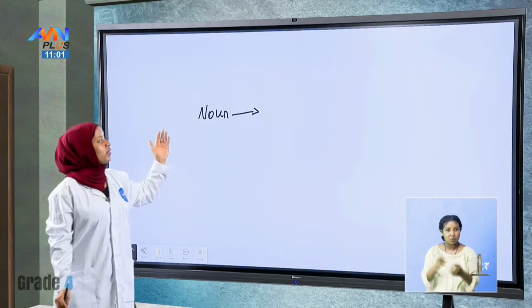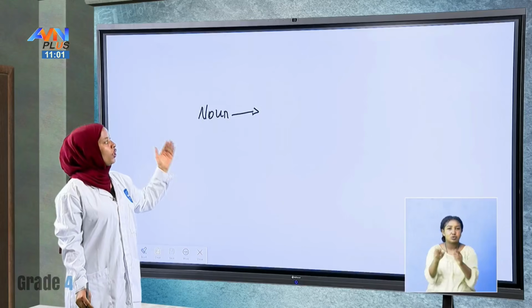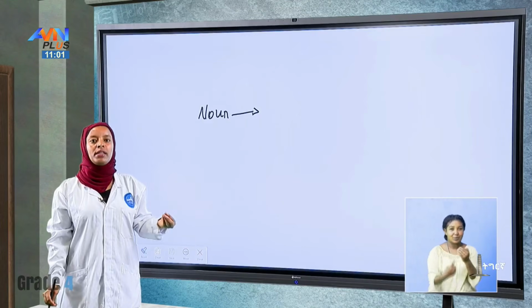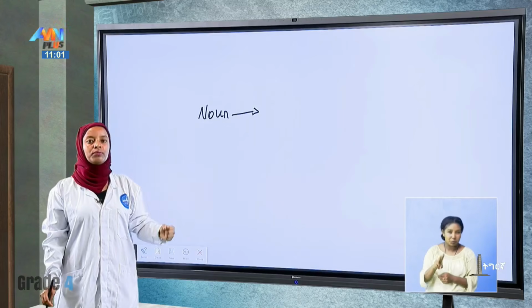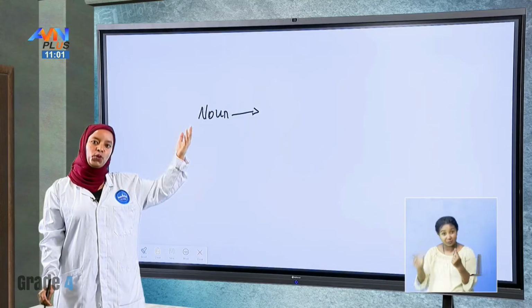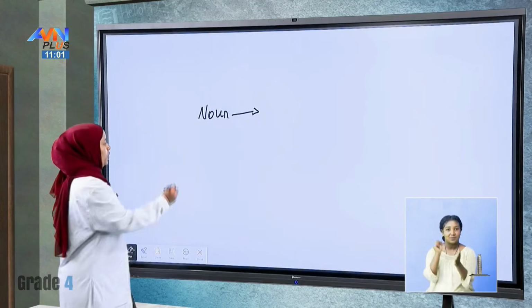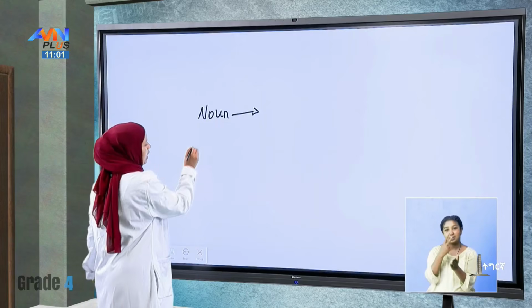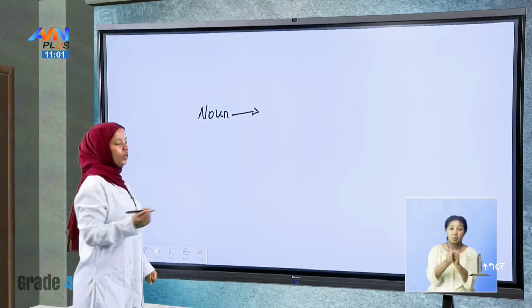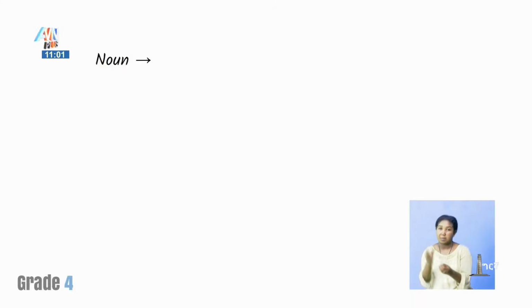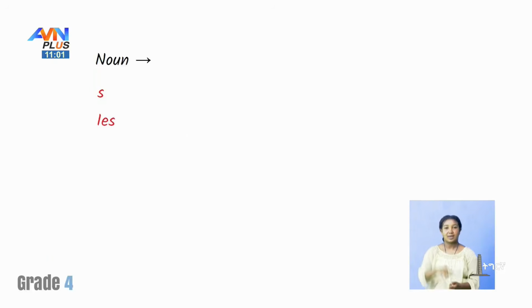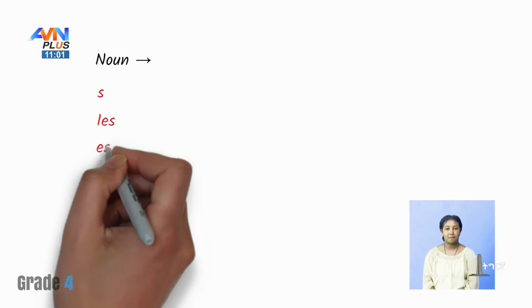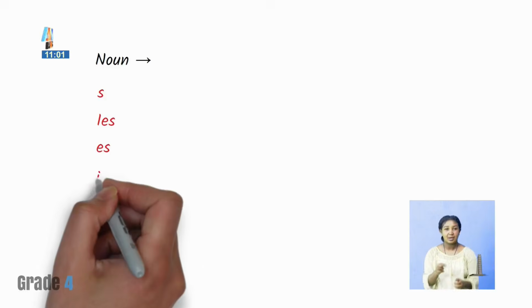We have some different rules to change a singular noun to a plural noun, maybe two, three, maybe four. For example, to change a noun to plural we just add S, IES, ES, and irregular forms.